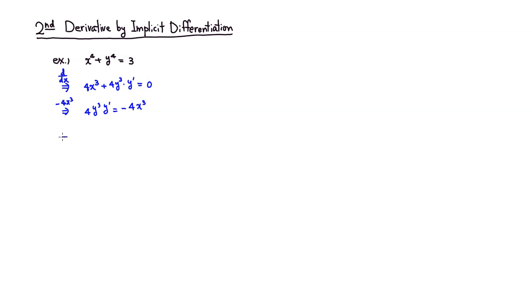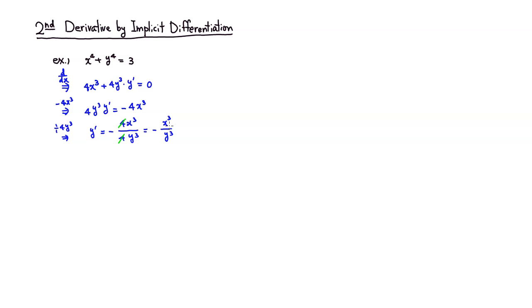Then we simply divide through by 4y cubed, so y prime comes out to be negative 4x cubed over 4y cubed. We can cancel out the 4 on top and the 4 on the bottom, and we get negative x cubed over y cubed. So this is the y prime.